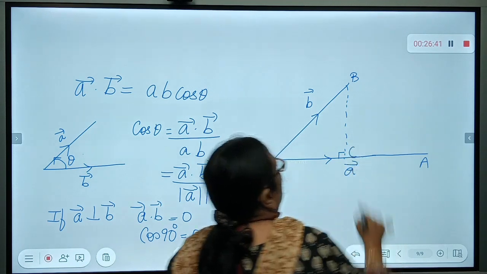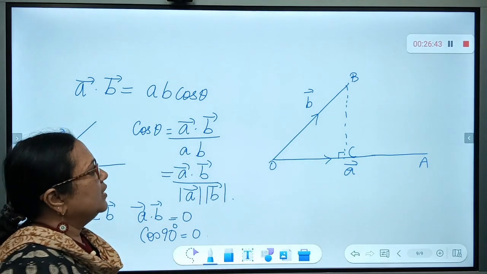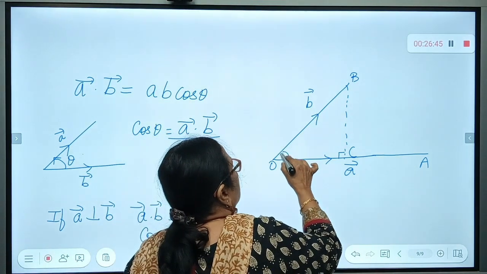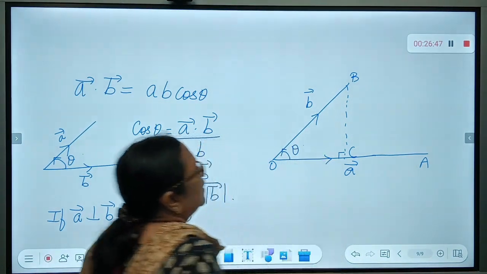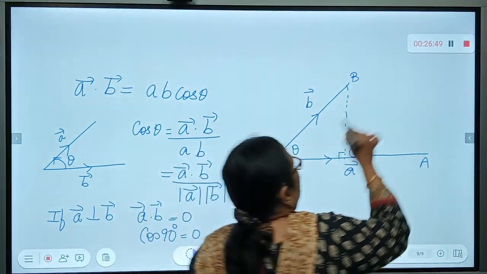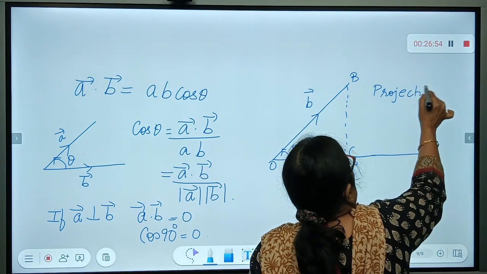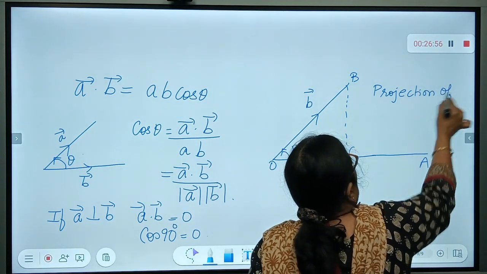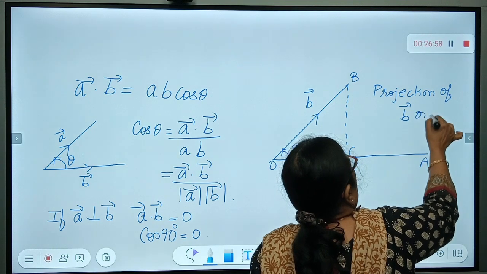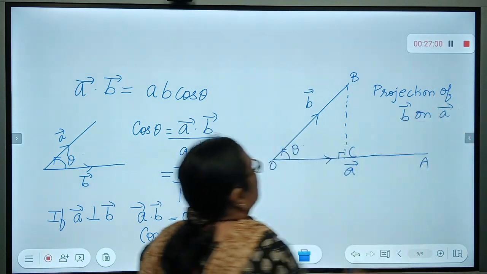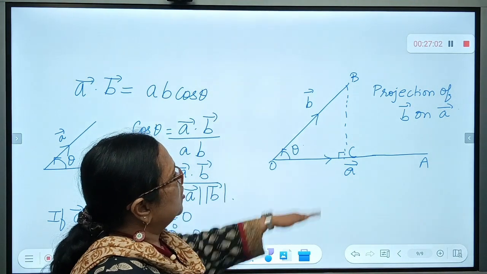Let me call this point C. And let this angle be theta. Now, we are going to find the projection of B vector on A vector.